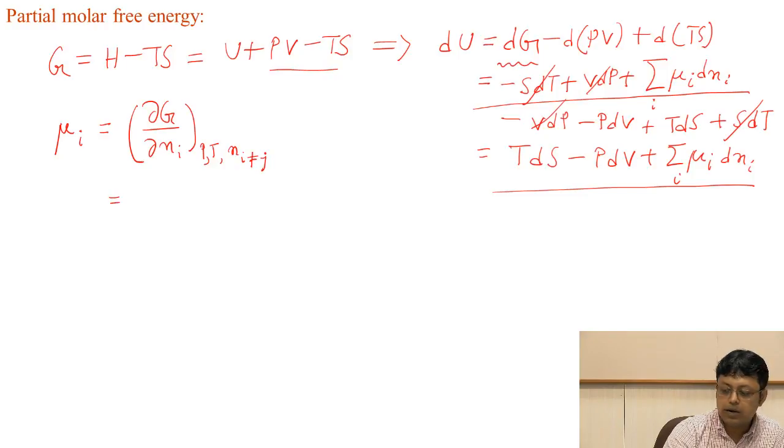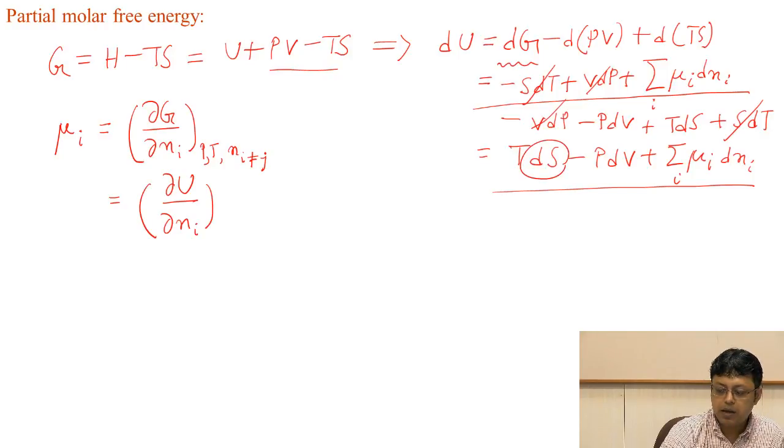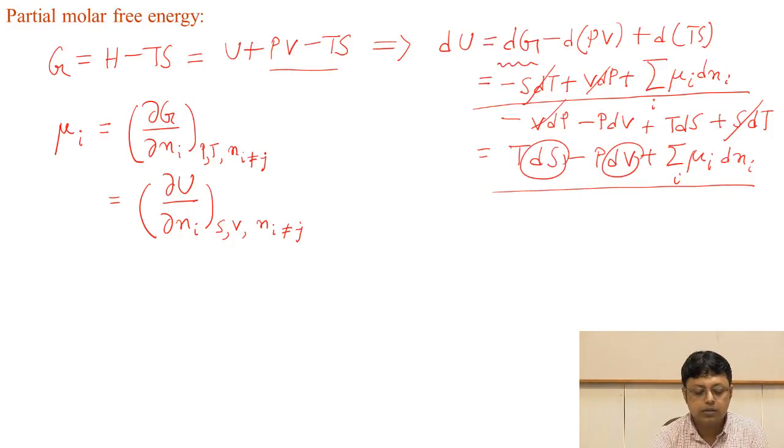Similarly, in this equation, we can take the partial derivative with respect to Ni, keeping entropy and volume constant, plus all the components which are not I. So we are changing only that component.